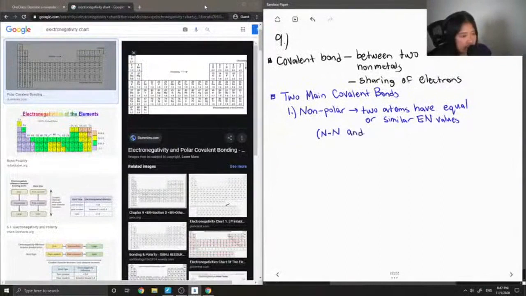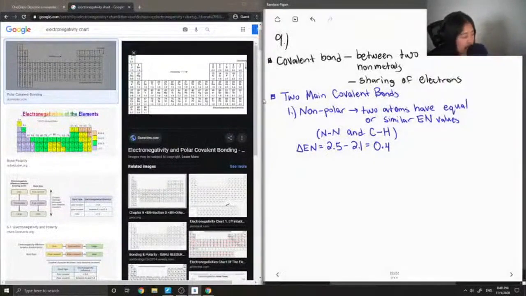But also, let's look at the carbon and hydrogen bond. We can calculate their difference in electronegativity just by using this chart on the left. The electronegativity of carbon is 2.5, and the electronegativity of hydrogen is 2.1. So they only have an electronegativity difference of 0.4.